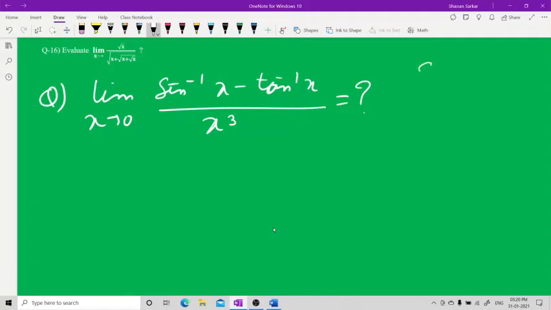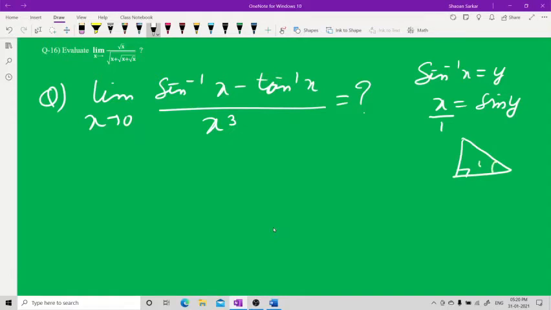So what to do? Write sine inverse x equal to y. So x is sine y, that means x by 1. Now you make a right angle triangle like this. This is your angle y. Sine y means this is your perpendicular and this is your hypotenuse. Use Pythagoras: the base is under root 1 minus x square. So now you will get tan y.